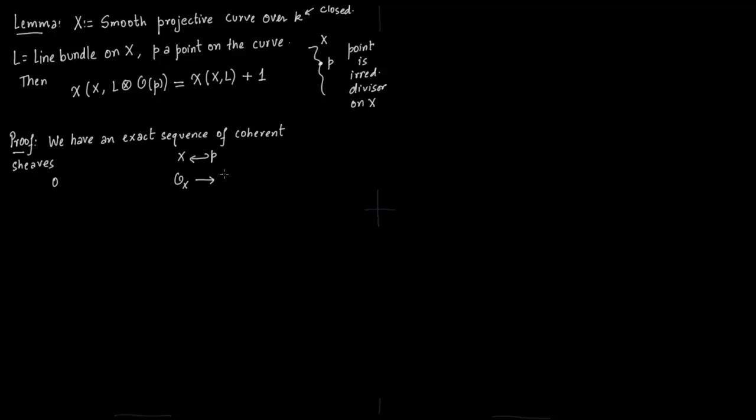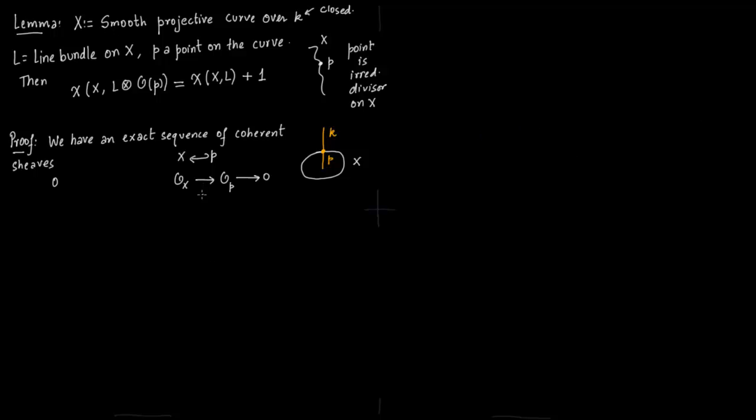So we have this map. Now this O_P is nothing but a skyscraper sheaf. If this is a curve X, this skyscraper sheaf is nothing but, on the point P there sits the entire field K.